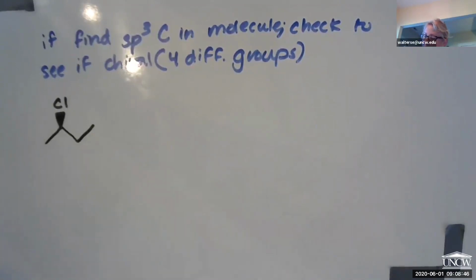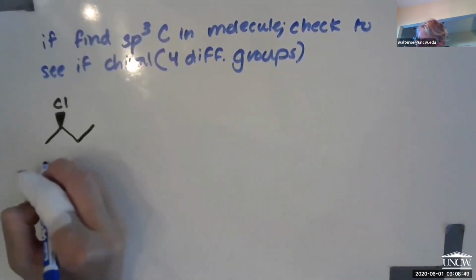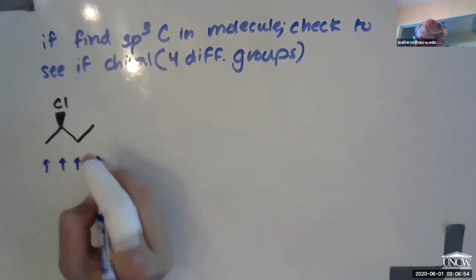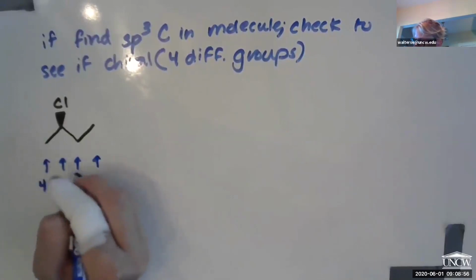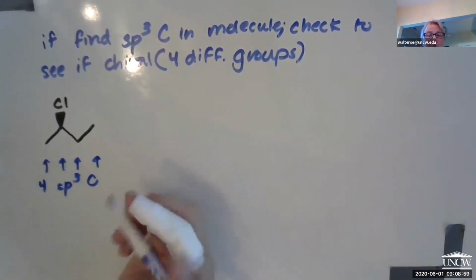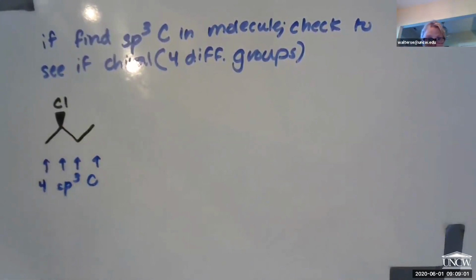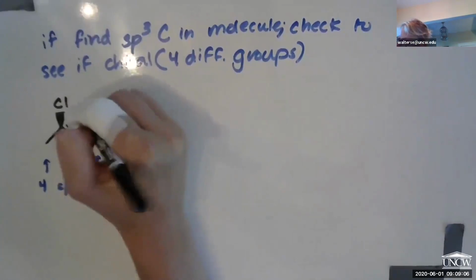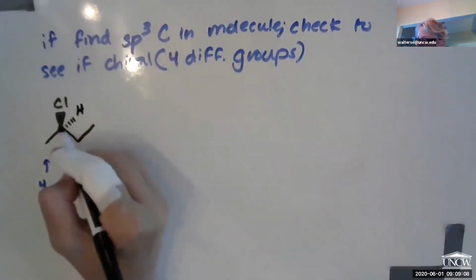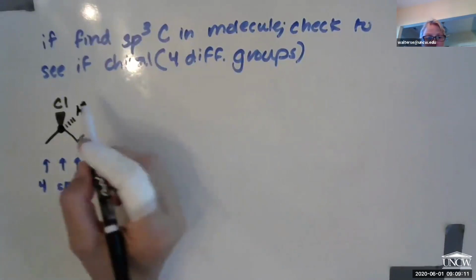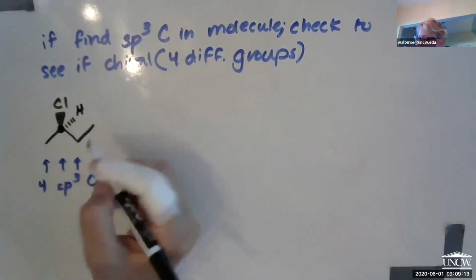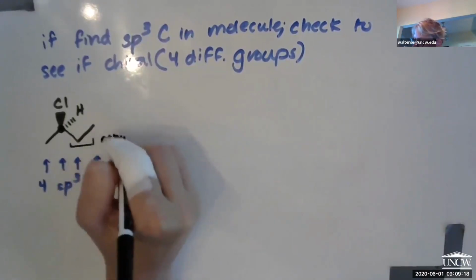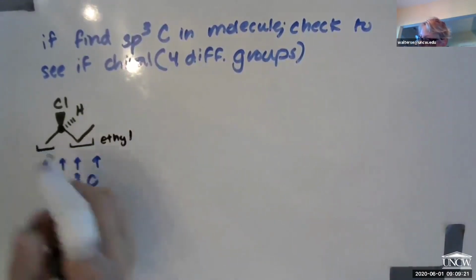Okay, so in this particular molecule, you have 4 sp3 carbons. Okay. But only one of them is bonded to 4 different groups. So if you draw out this hydrogen, this carbon here, with the dot, has a chlorine, a hydrogen, a 2 carbon group, which is an ethyl, and a 1 carbon group, which is a methyl.